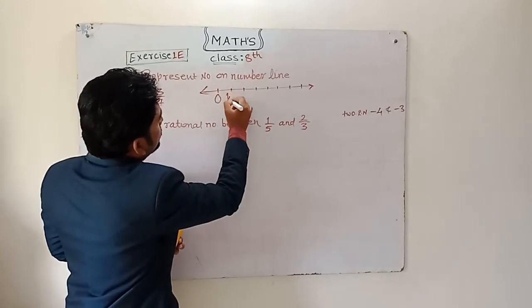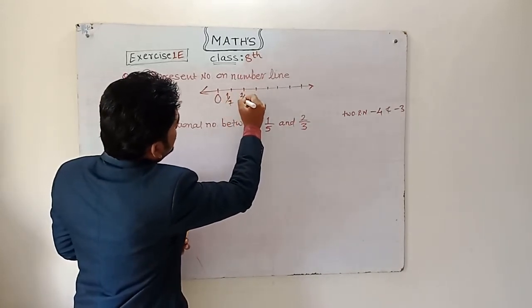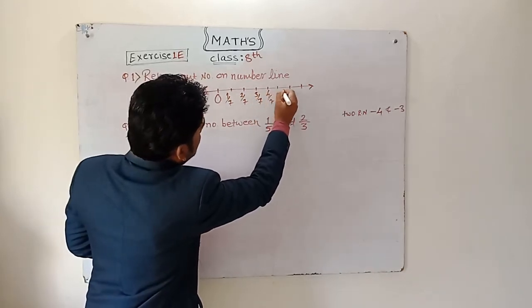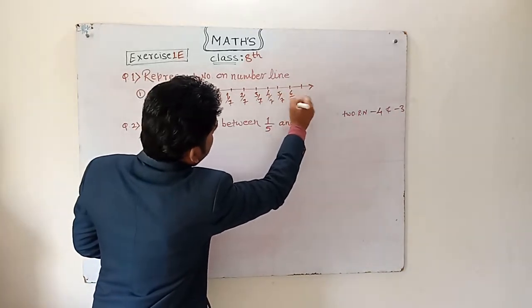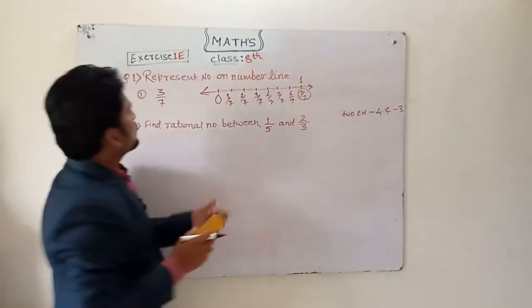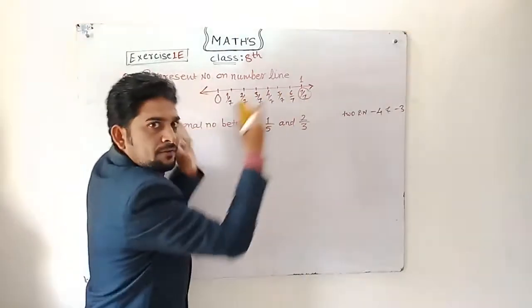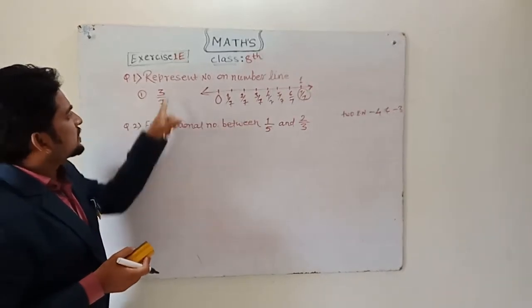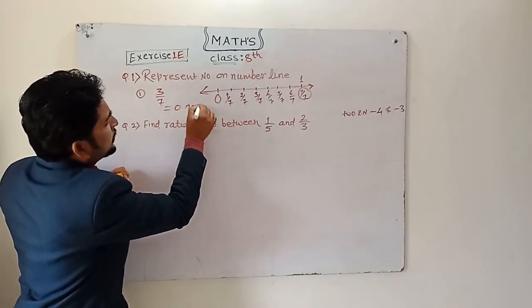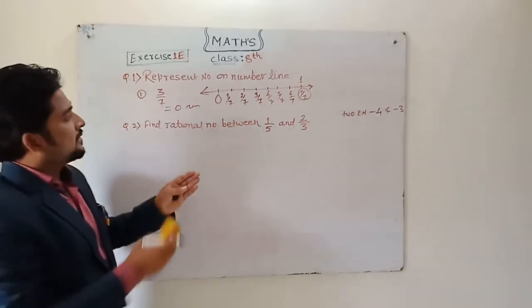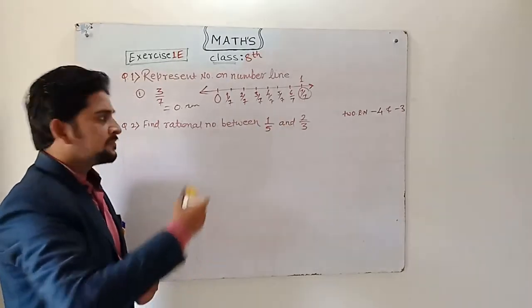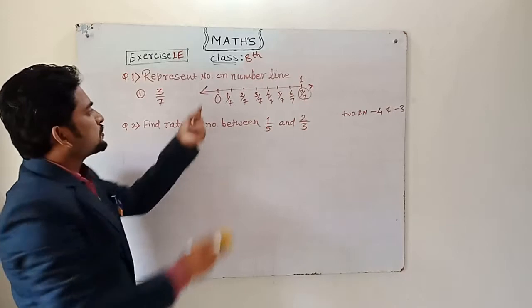Here it is 1 by 7, 2 by 7, 3 by 7, 4 by 7, 5 by 7, 6 by 7 and 7 by 7. 7 by 7 means 1. So this number is in between 0 and 1, right? If you divide 3 by 7, you will get 0 point something, like 0.42. It is larger than 0 but less than 1, so it is in between 0 and 1.